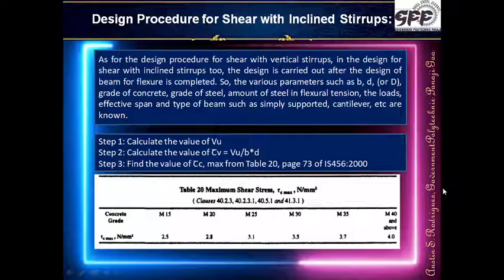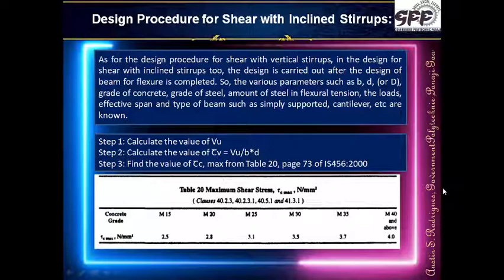That means we have already designed the beam, we already know all the parameters such as small b, that is the width of the section, the effective depth, the overall depth, what is the grade of concrete, what is the grade of steel, the amount of steel which has been provided in flexural tension, the loads coming on the beam, the effective span, also whether the beam is simply supported, cantilever, an overhang, or a continuous beam, everything. All these parameters are known.